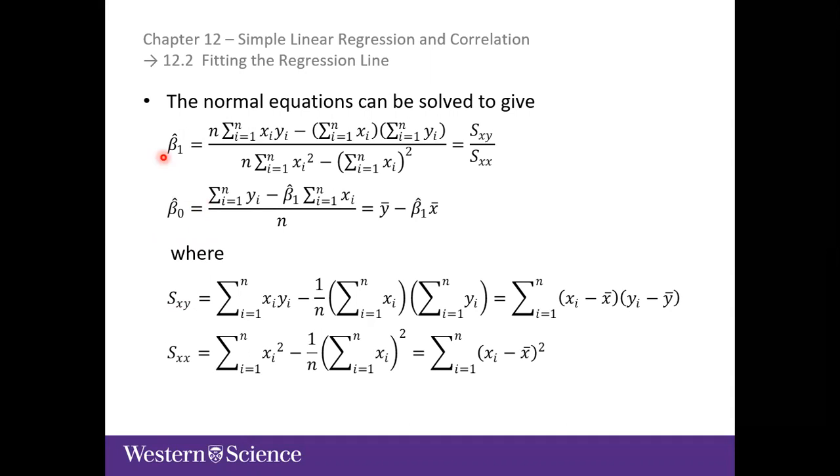Once the slope beta 1 is obtained, beta naught, the point estimate of the intercept, can also be obtained.